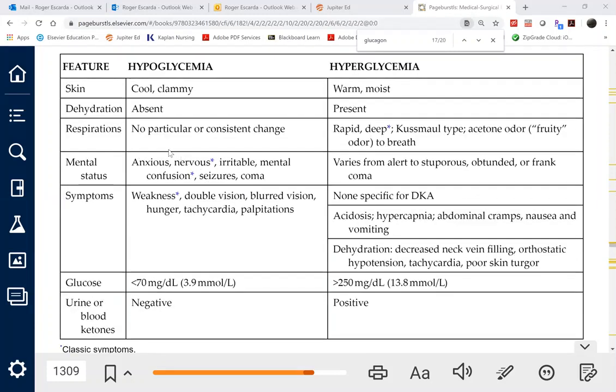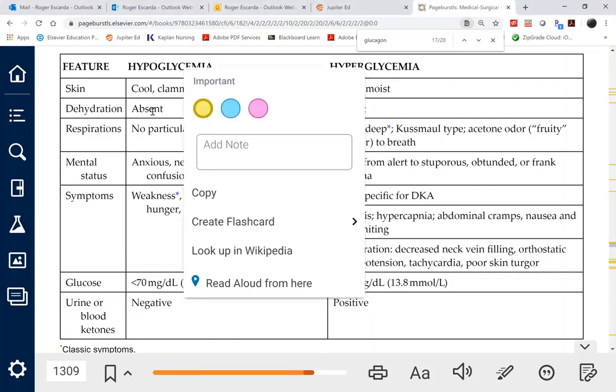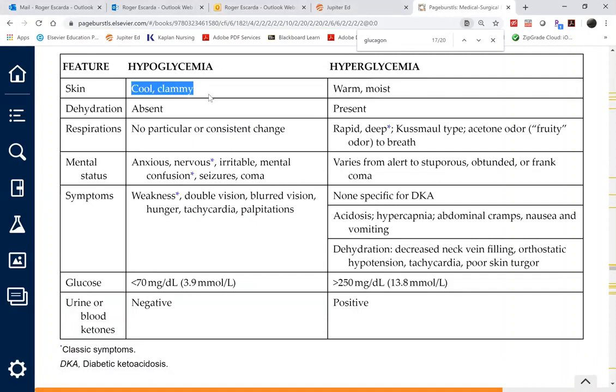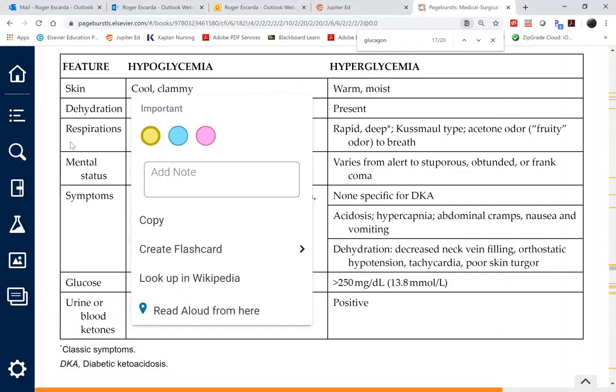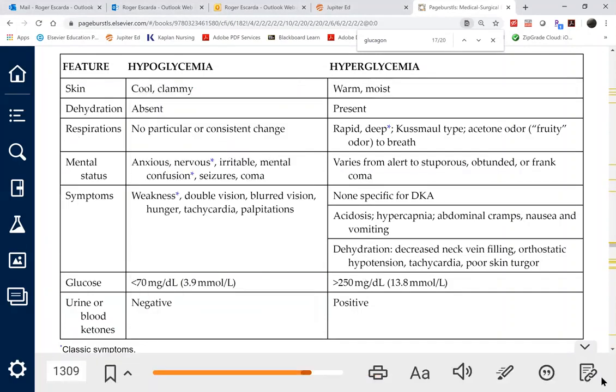Most of the symptoms, as you can see, are compensatory symptoms, meaning they are the signs that your body is compensating, particularly sympathetic nervous system stimulation manifested by increased heart rate. That's why you have tachycardia. And because there is generalized vasoconstriction, the patient's skin feels cool and clammy. And like I said, there is no dehydration in hypoglycemia.